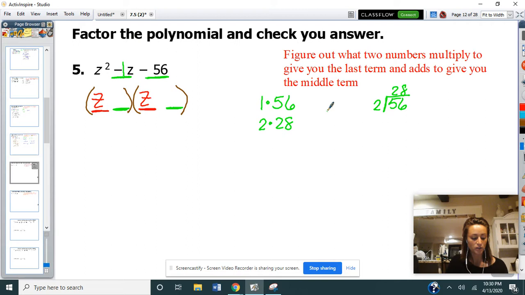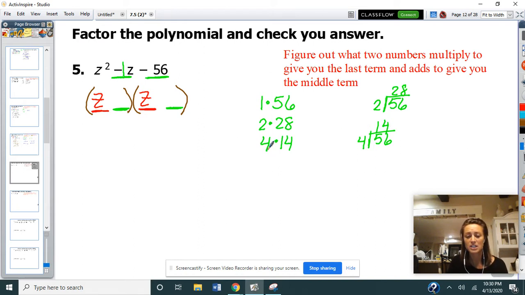If you want to check 3, you can say 56 divided by 3, and you're going to get a decimal, so you know that doesn't work. And then you keep trying. You can try 4, and you will get 4 times 14 is 56. If you don't know how to do that, just take the 56 and divide it by 4, and see if it goes in evenly, and you will get 14.